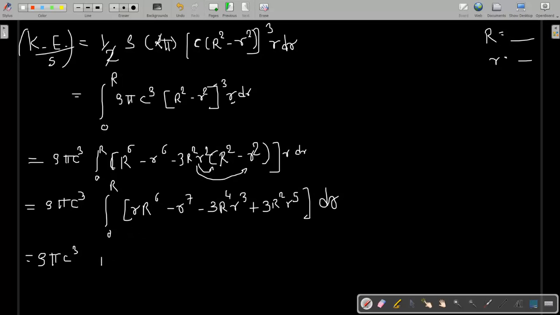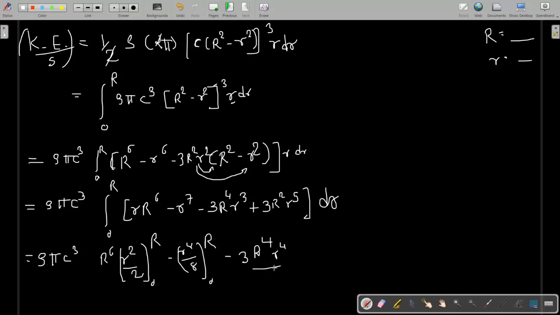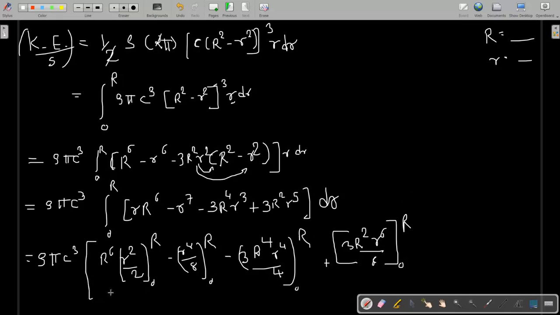Now integration, capital R, the radius of pipe, is constant, so r square by 2 here, from where to where? 0 to R, minus small r raised to 8 by 8, 0 to R, minus 3 r raised to 4 by small r raised to 4 by 4, 0 to R, plus 3 r square is constant and small r raised to 5, so integration will become r power 6 by 6, 0 to R. Okay, and this is in multiplication of this.